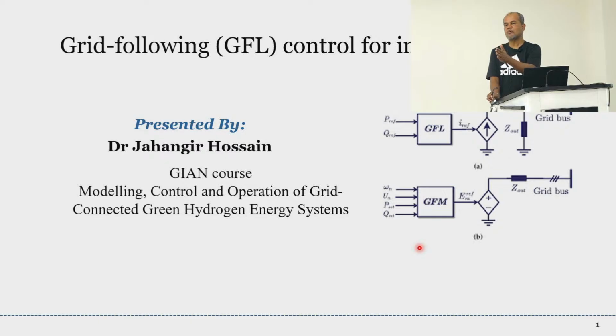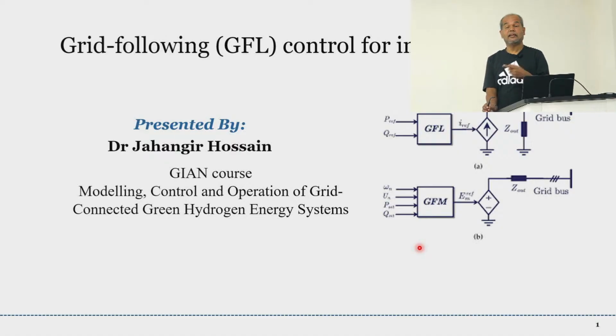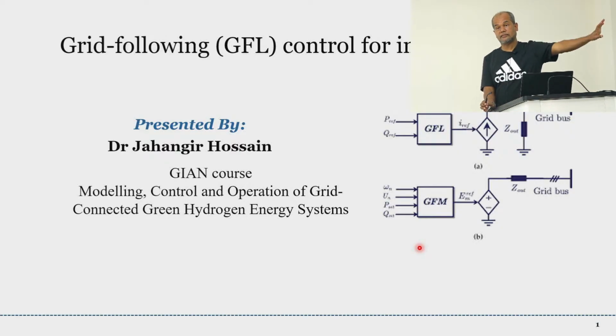So for the electrolyzer itself we don't need an inverter directly, but if we have other devices in the system, then we might have an inverter in the system. But when we are talking about grid following or grid forming, we mainly think about the inverter system, and when you have other systems, then the electrolyzer would come into the picture.